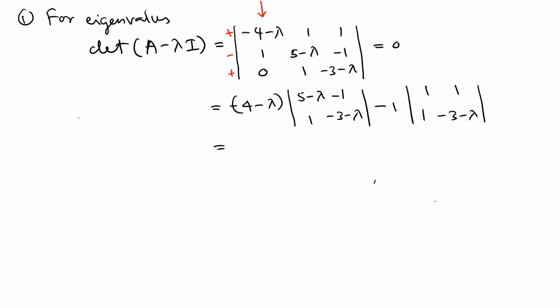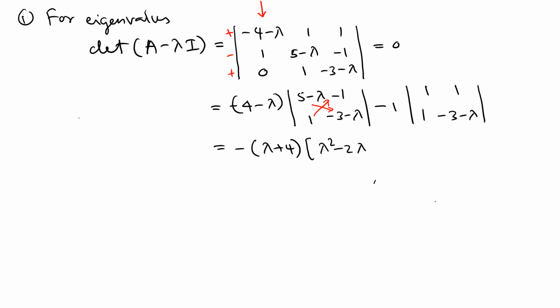If you expand the first minor, you get lambda squared, and then we have negative 5 lambda, positive 3 lambda, so negative 2 lambda, and then 5 times negative 3 is negative 15, and then negative, negative, positive 1, because we need to multiply this and subtract that.